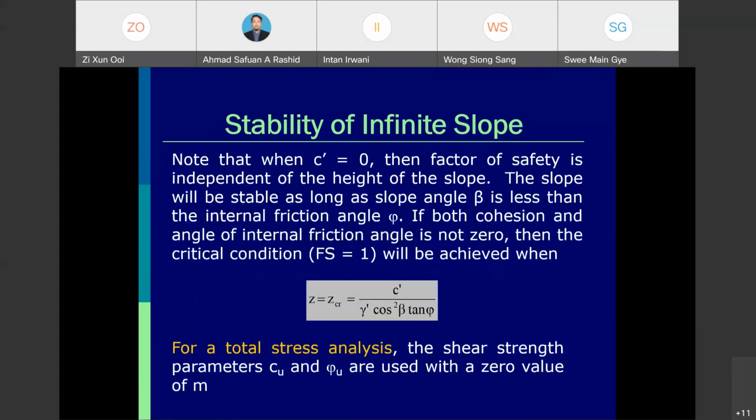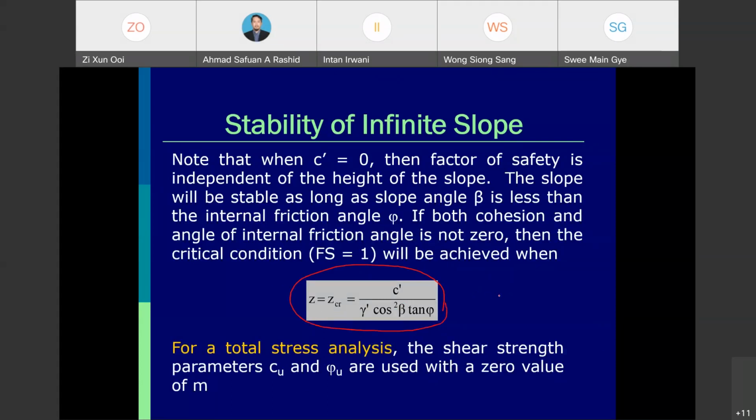Later on, this is for the slope, what we call the critical height. To get the factor of safety, to get the Zcr for the fully saturated type of soil, we can use this formula to determine the Zcr.